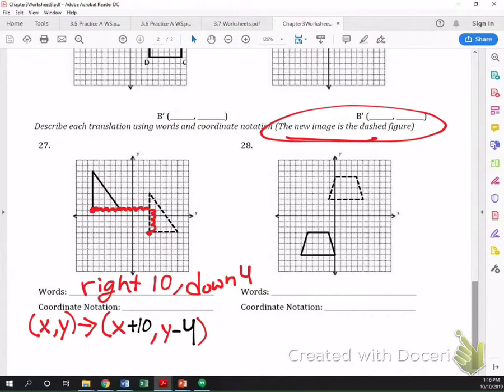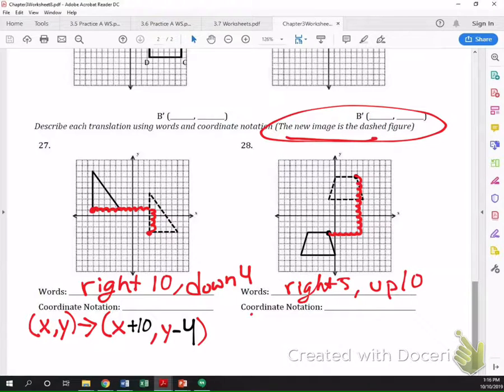All right. Number 28, same idea. I'll go from this guy to this guy. So I'm going to go right 1, 2, 3, 4, 5. Then I'm going to go up 1, 2, 3, 4, 5, 6, 7, 8, 9, 10.